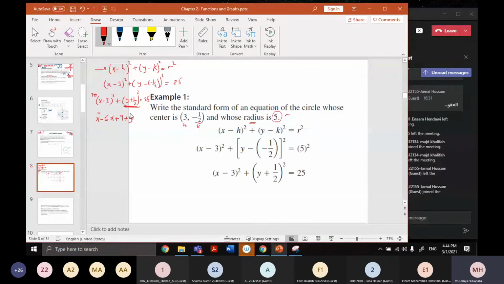So the first square, y square, plus twice first times second, 2 times y times half, which is 1 times y, plus half square, which is 1 over 4, correct? This is equal to 25. We can simplify more if you like.